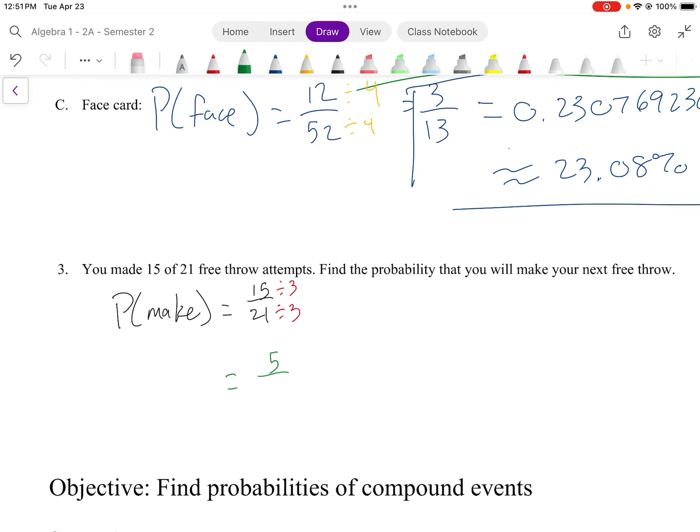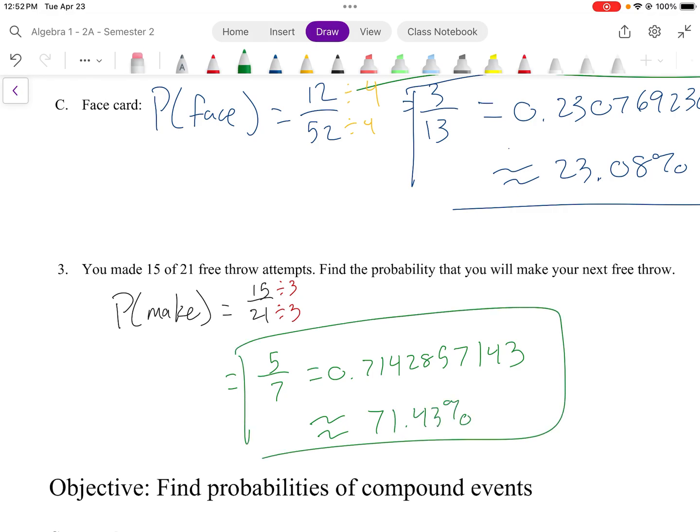So that means we are going to have 5/7 as our probability, which as a decimal is 0.714285743, which as a percentage rounded to the nearest hundredth, oops, helps if I go to the right decimal place, would be 71.43%. Now, I wrote these long decimals just so that you can get practice plugging things into your calculator and seeing if they match exactly, which is a really good habit to get into.